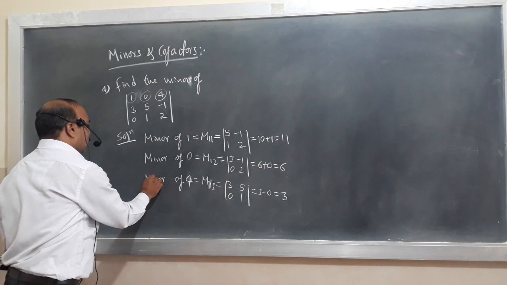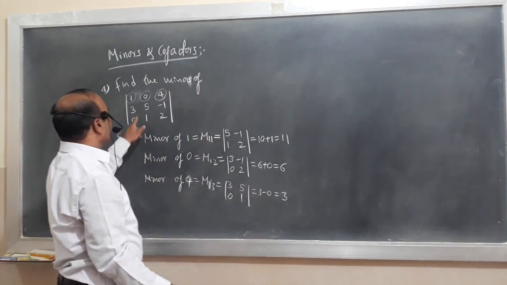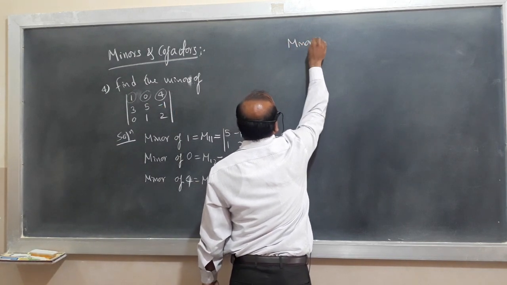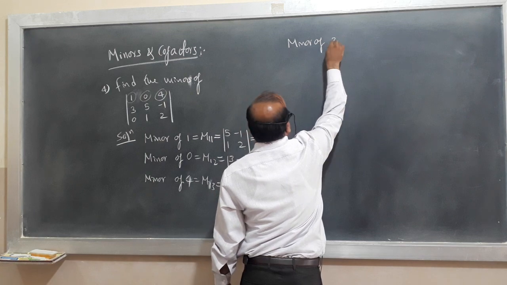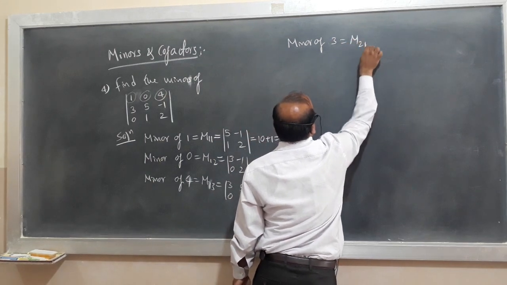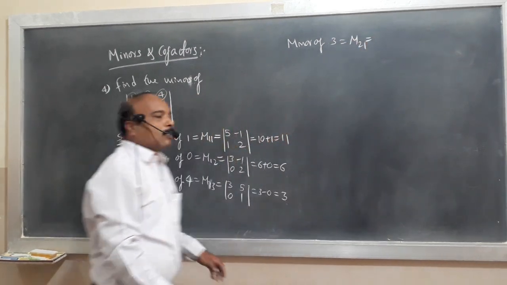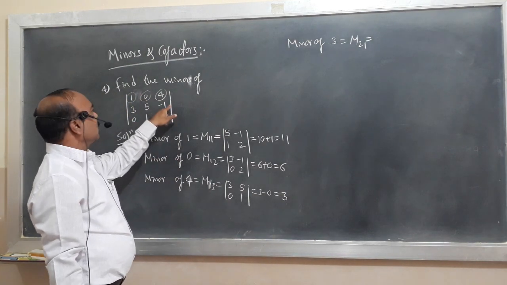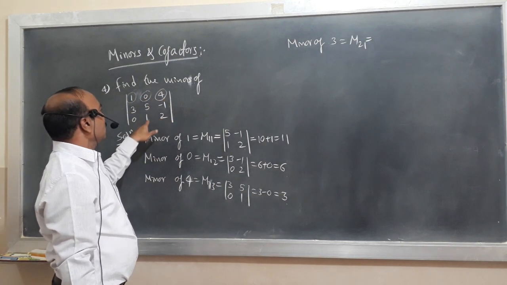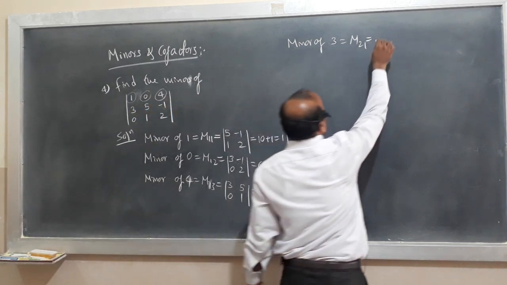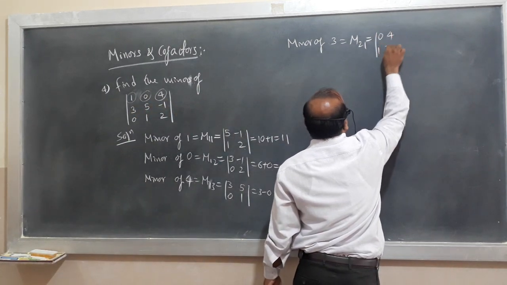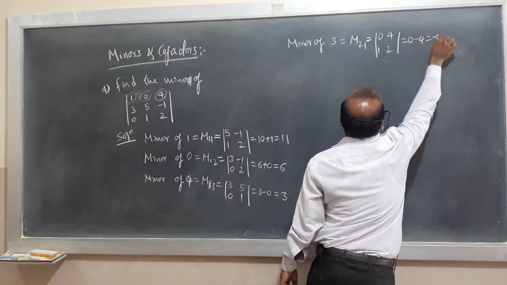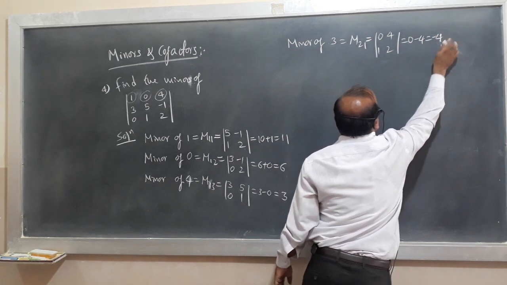Next, we go for the second row first element, that is the minor of 3. It is M21. Now deleting this column and this row, we get 0, 4, 1, 2. Now it is 0 minus 4, minus 4.